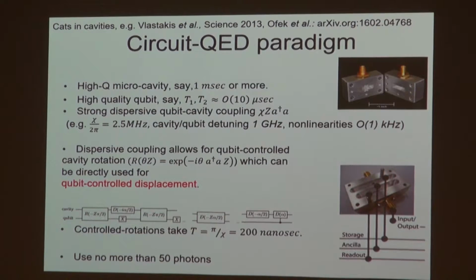Okay, so the preparation scheme that we'll propose is something where you start with a squeezed vacuum in this cavity. And then you have a series of transmon qubits coupled to the cavity and being measured.